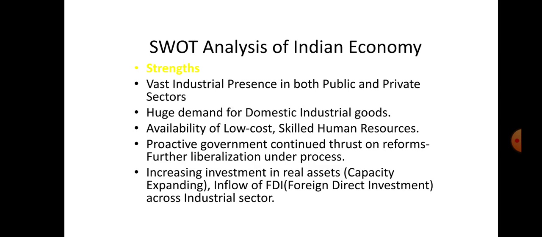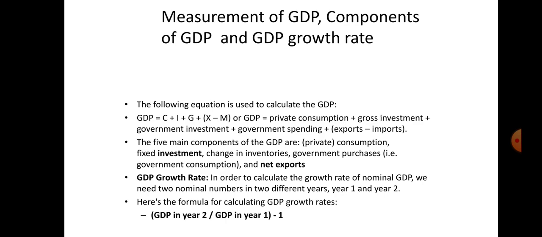To calculate the same, we follow different approaches also, like the expenditure approach, the income approach, the value added approach, then the product method. So this we will be using to measure national income.